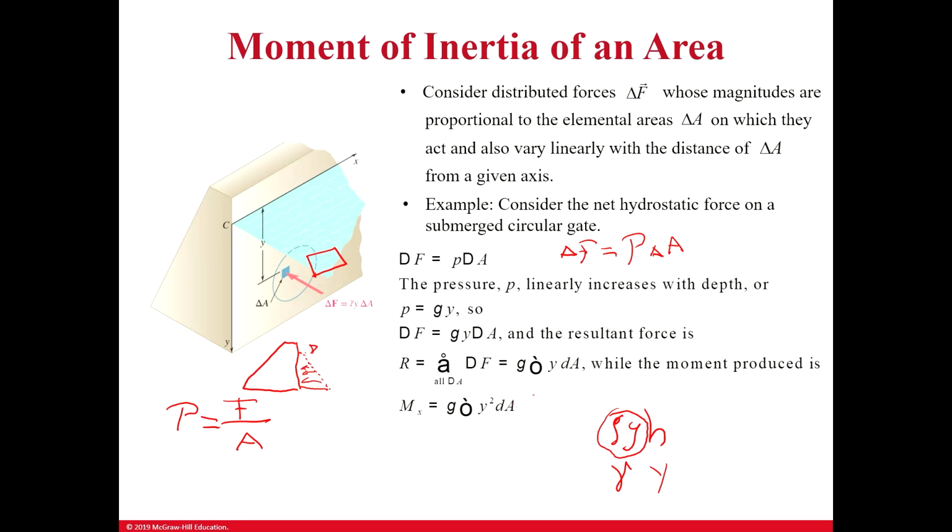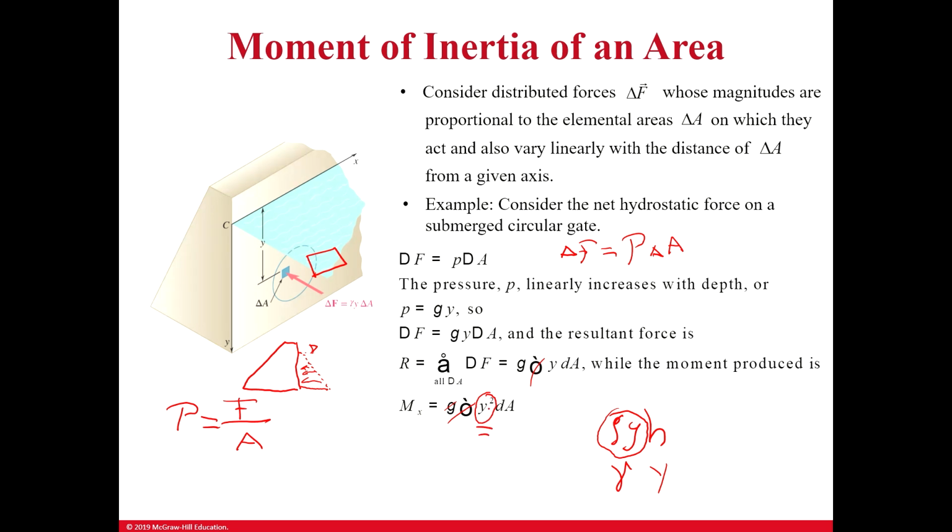So when we start doing the second moment of inertia, we can compute this with y squared delta area. All these are typos, I don't know why they got this typo here, but focus on this part.